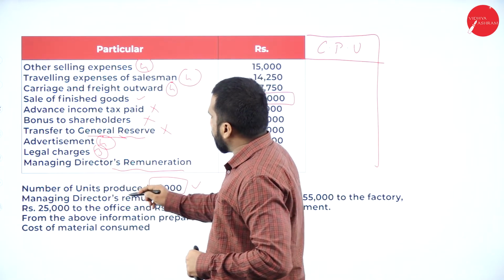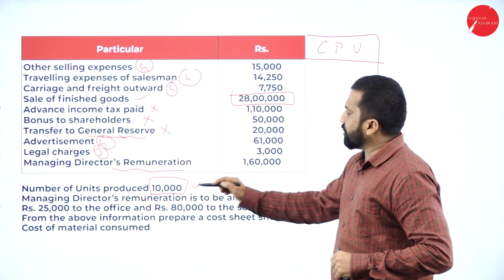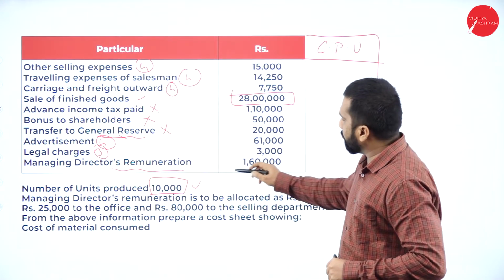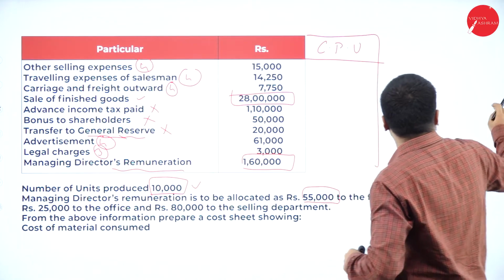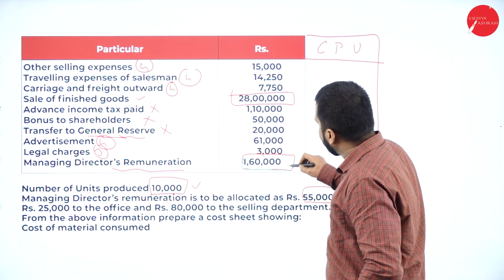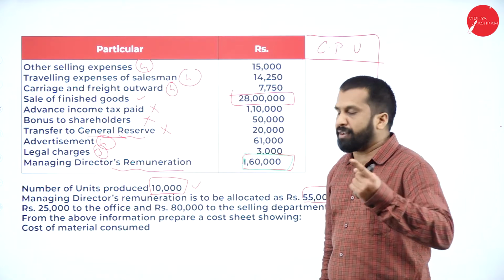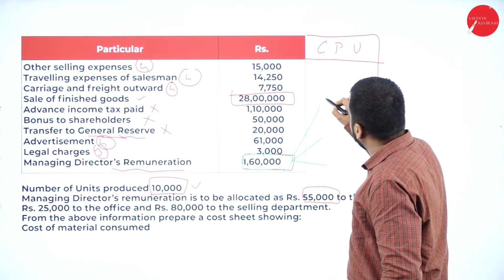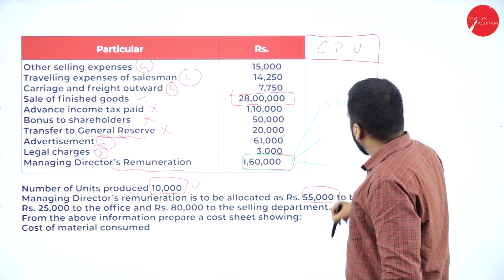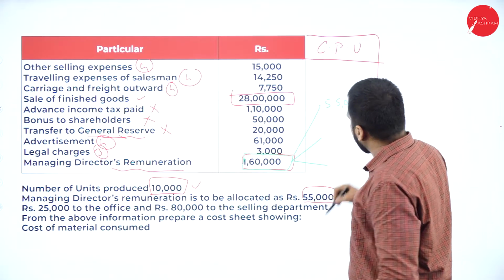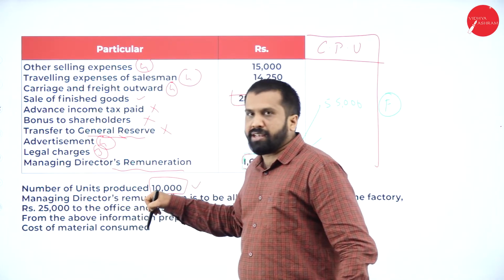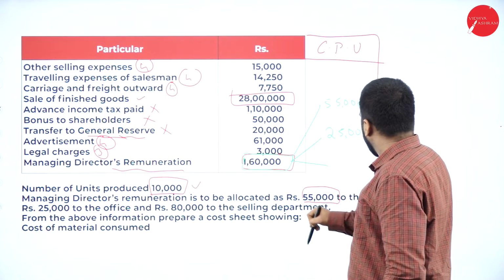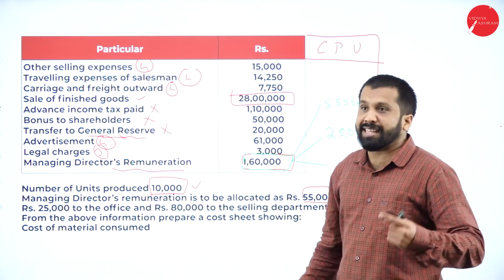Now, number of units produced is 10,000. Managing director remuneration is to be allocated. See, managing director remuneration is how much? 1,60,000. They have given additional information. 55,000 for factory, then 25,000 to the office, and 80,000 to the selling department.